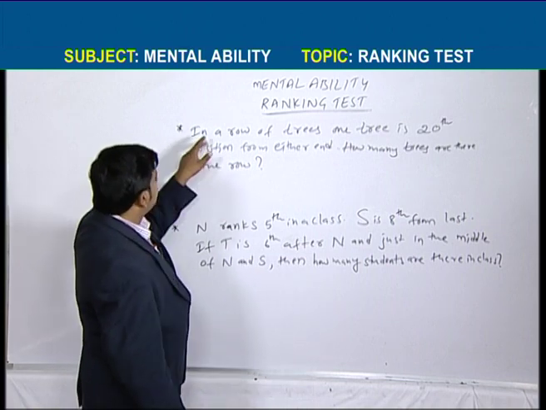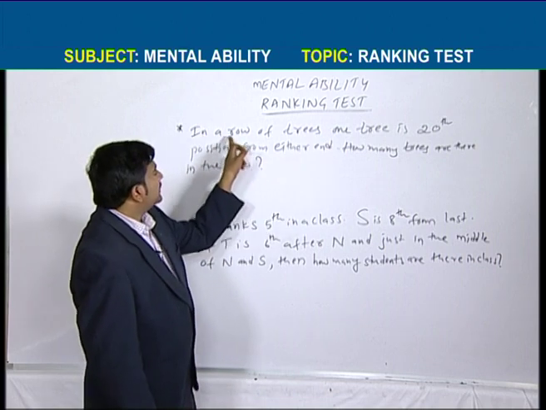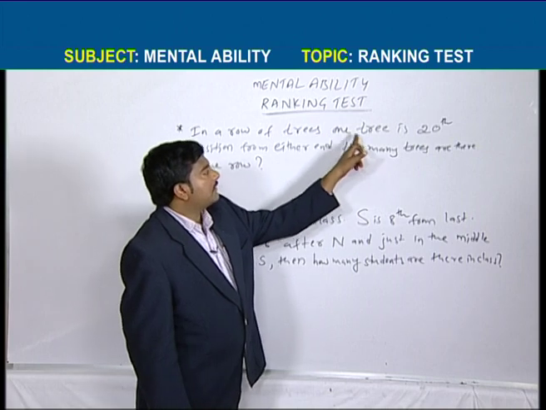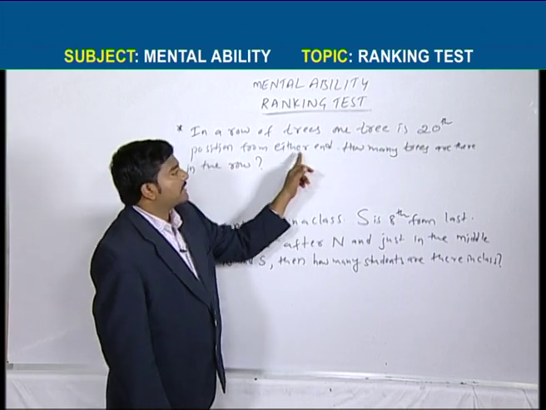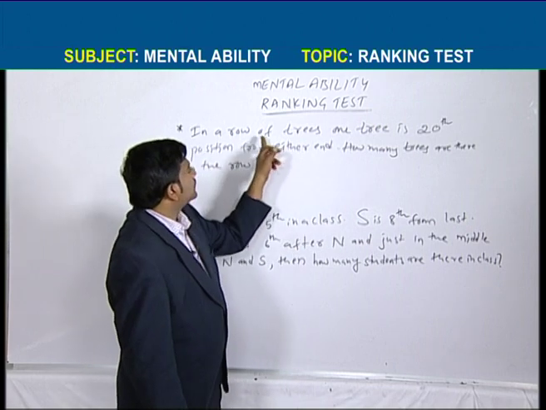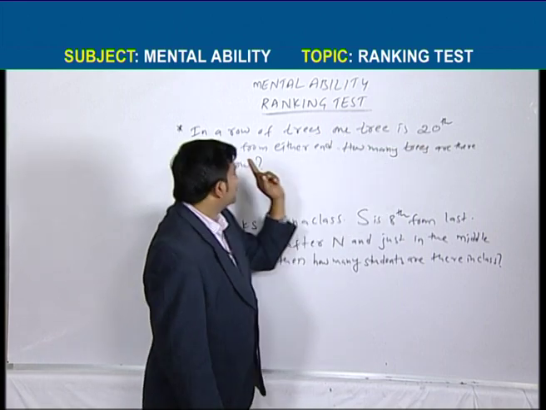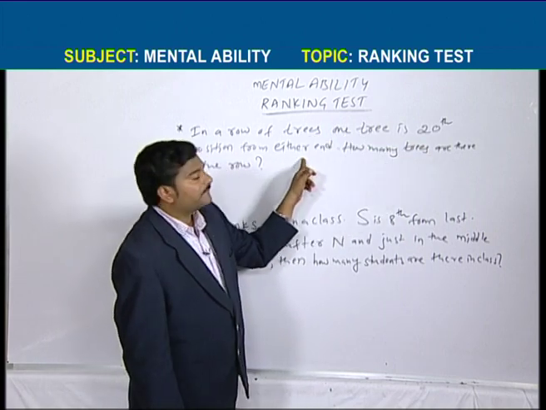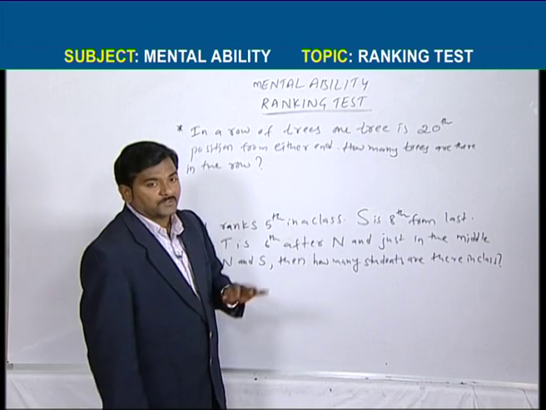See, observe the question here. In a row of trees, one tree is at the 20th position from either end. I repeat, in a row of trees, one tree is at the 20th position from either end. How many trees are there in the row?